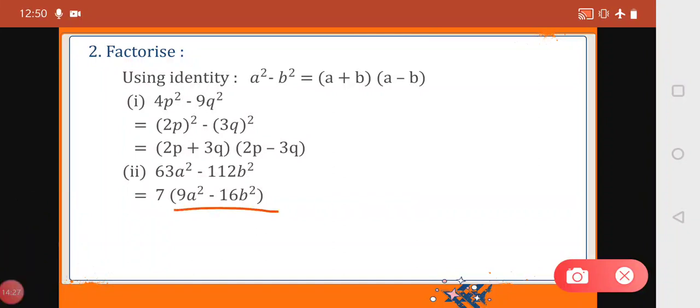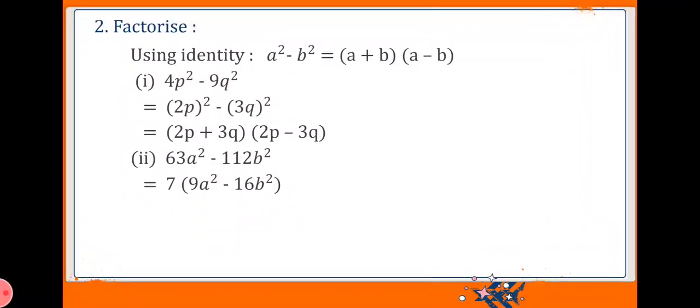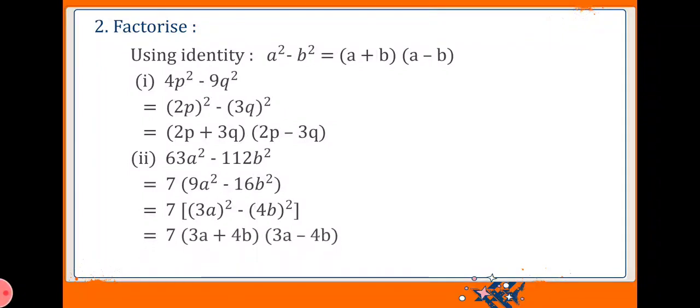Now we can see that 9a square is a perfect square of 3a and 16b square is a perfect square of 4b. So we can apply identity 3 easily. That is equal to 7 common as it is and 3a whole square minus 4b whole square. That is equal to 7 into 3a plus 4b into 3a minus 4b.